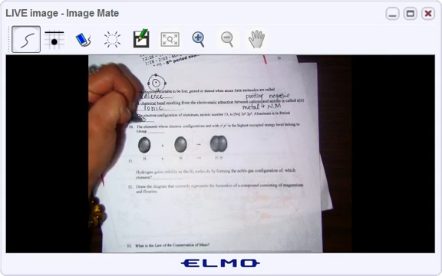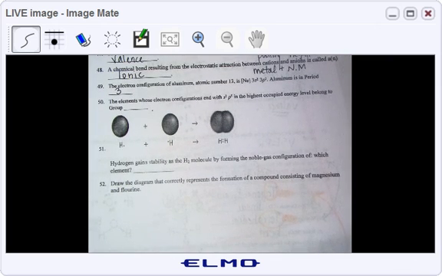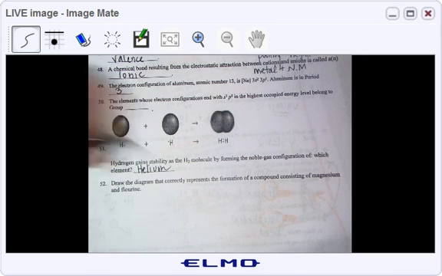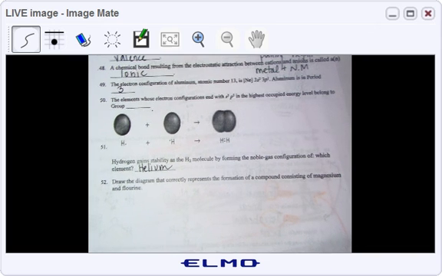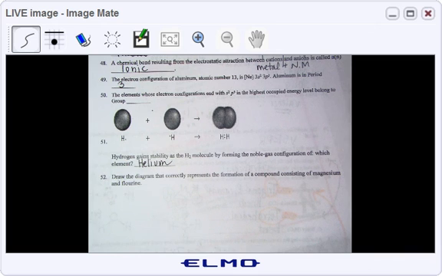Okay, period 3. 50, hydrogen gains stability as the H2 molecule by forming the noble gas configuration of helium. Oh, I have to go back to 50. That was for 51. Sorry. So now let's go to the true 50, the real 50.